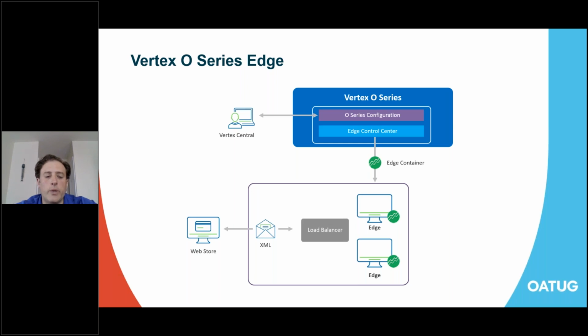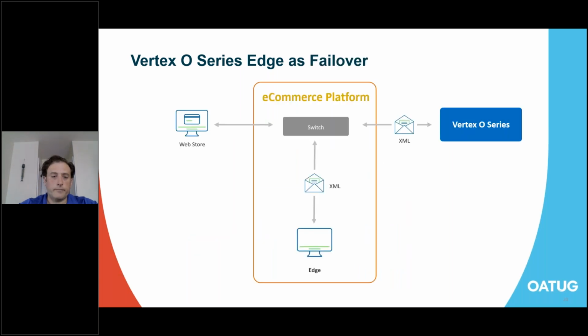If it's a holiday weekend, maybe Cyber Monday, and your website has six to ten times the amount of traffic running through that web store, your IT department has the power to scale this up however you see fit. You're not at our behest to scale our cloud to meet the needs of all of our customers everywhere all at once. You have total control over this.